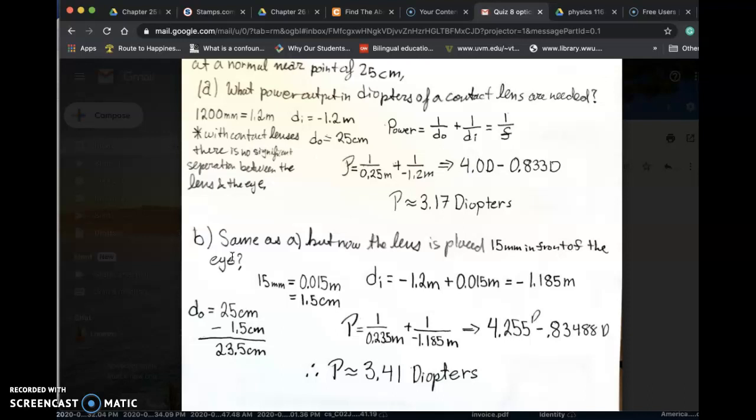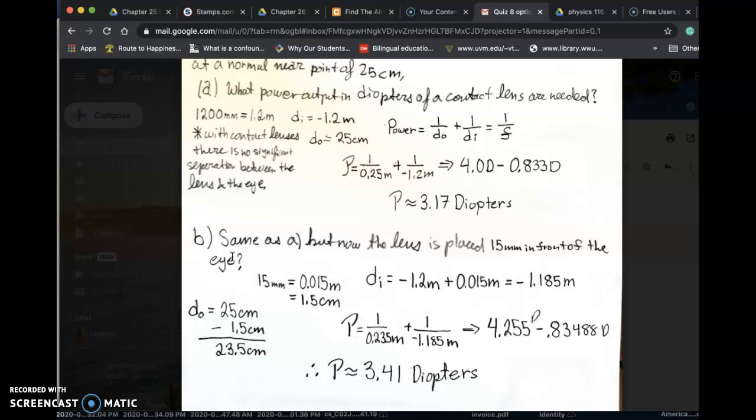And then for the object distance, take 25 centimeters minus 1.5 centimeters to give us 23.5 centimeters. Then we convert these both to meters. Our power is equal to 1 over 0.235 meters plus 1 over negative 1.185 meters.